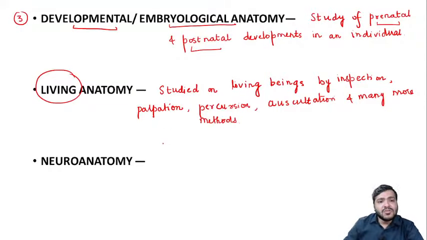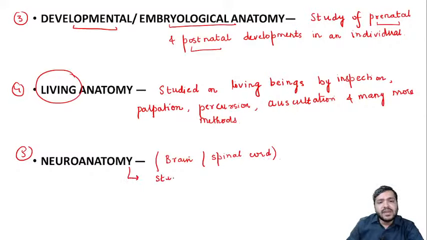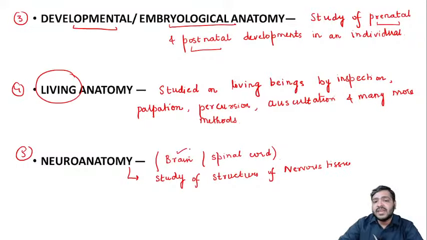Apart from that, guys, coming on to the next branch of anatomy, that is the fifth one, neuroanatomy. You very well know that neuroanatomy basically involves the brain and the spinal cord. Remember that neuroanatomy is the study of structures of the nervous tissue and the organs, that are the brain and the spinal cord.